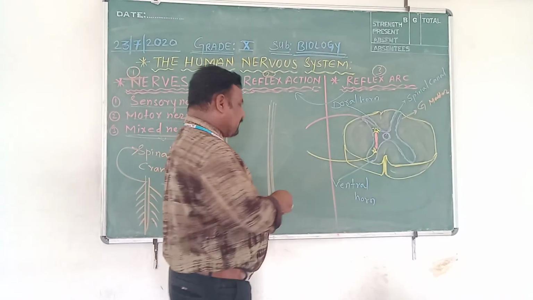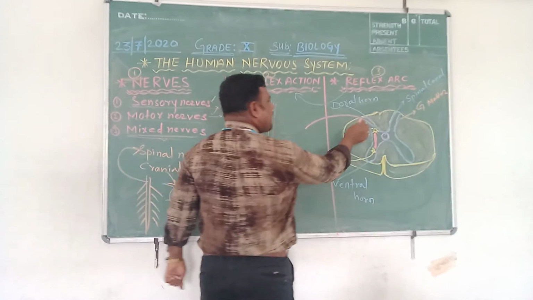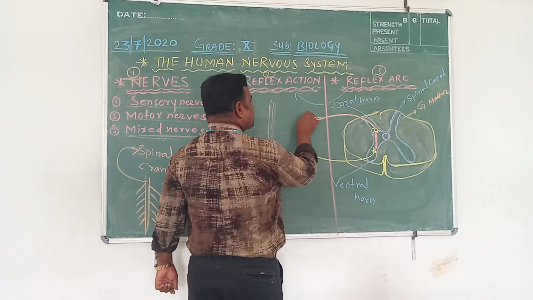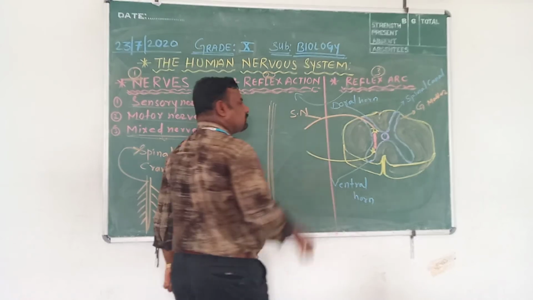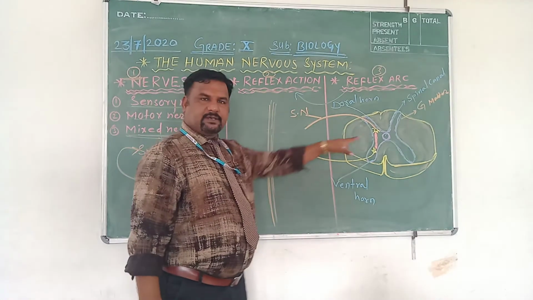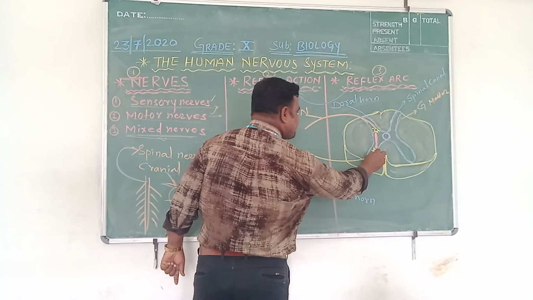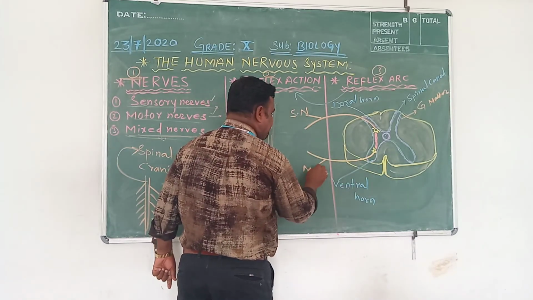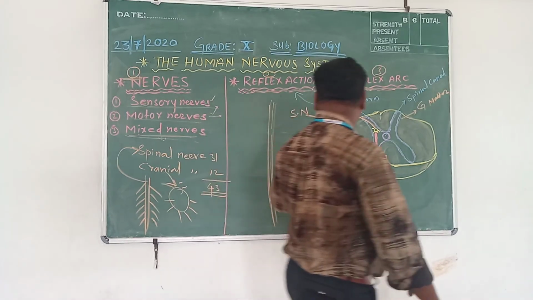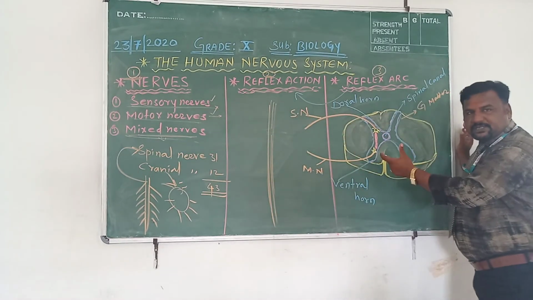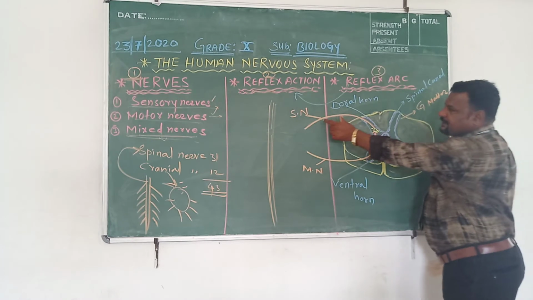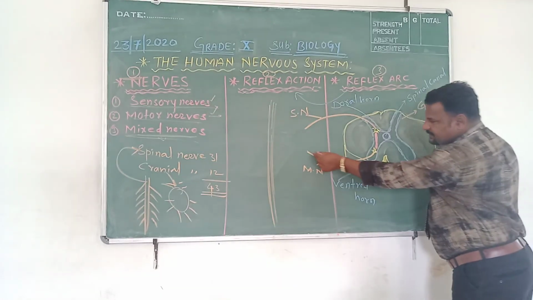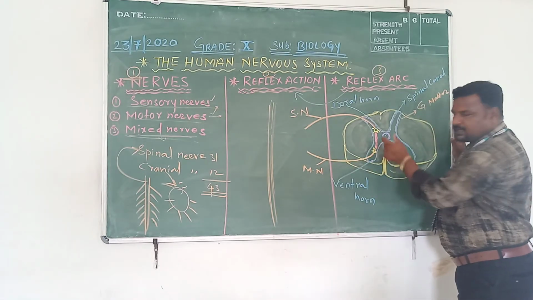Here, the arrangement of neurons. Here, on the dorsal horn, which neuron is this? This is a sensory neuron, connected in this way. And here we can see this is a motor neuron. In a transverse section, we are able to see the sensory neuron on the dorsal horn of the spinal cord, and this one is a motor neuron.